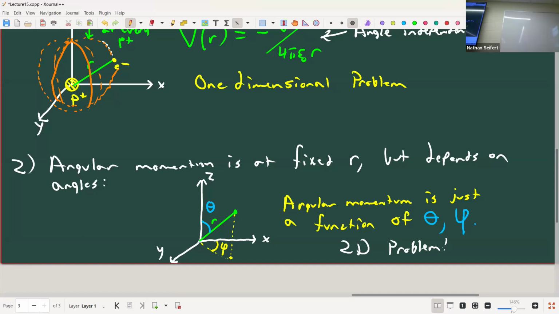The electrostatic potential is only dependent on r. The angular momentum is only dependent on the angles of the vector in space. So all the physics that happens along r is independent of the physics that happens along the angles. Very logical, right? So we're going to separate the two parts. We're going to do the radial part separately from the angular momentum part.